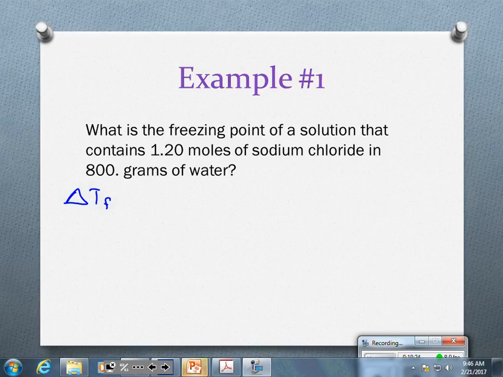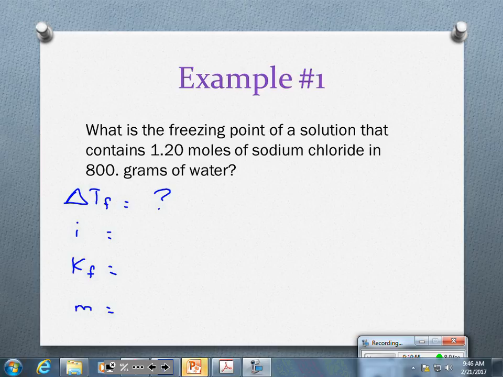I'm dealing with the change in temperature of the freezing point, Van Hoff's factor, the freezing point constant, and lowercase m, the molality. So I just go through and fill in what I have and what I don't have. Obviously, I'm trying to calculate the change in the temperature of the freezing point.